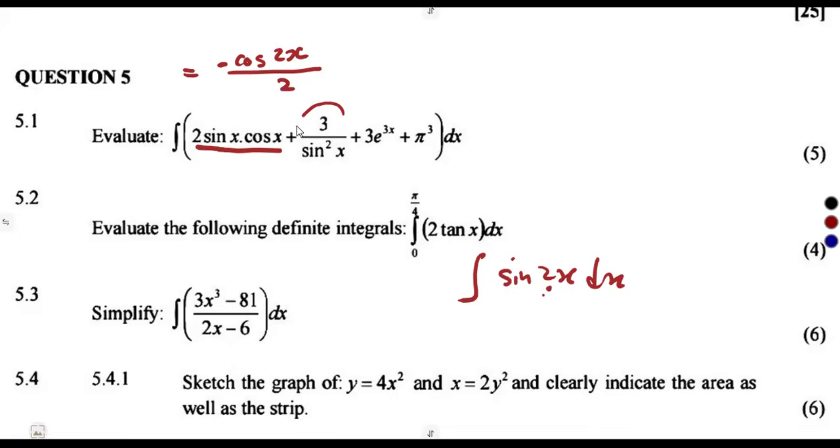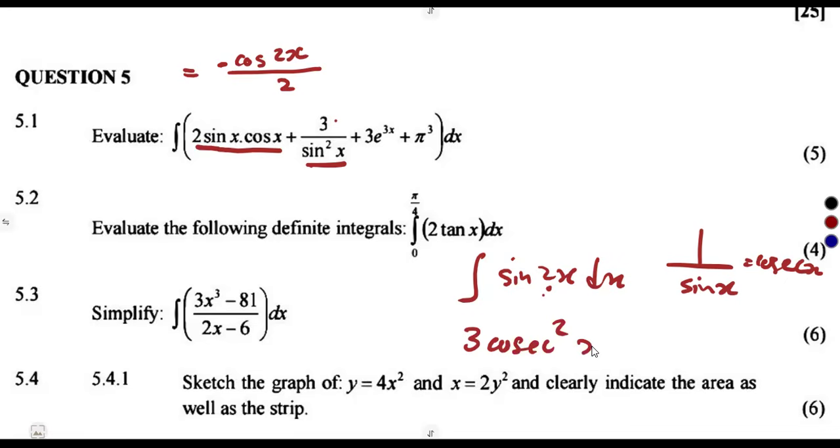Okay? 3 over sine squared. Can I integrate this? It's difficult. But we know that 1 over a sine is a cosec. So what about if it is 3 over sine squared? It means this is 3 cosec squared x.